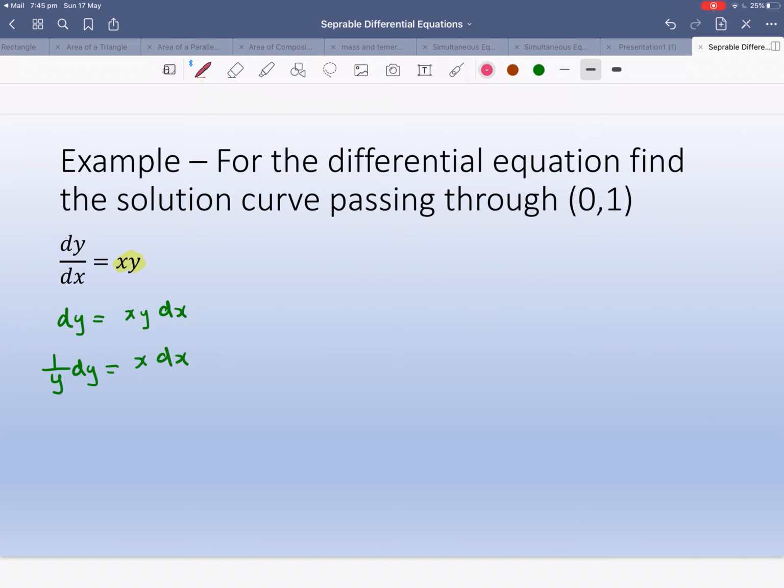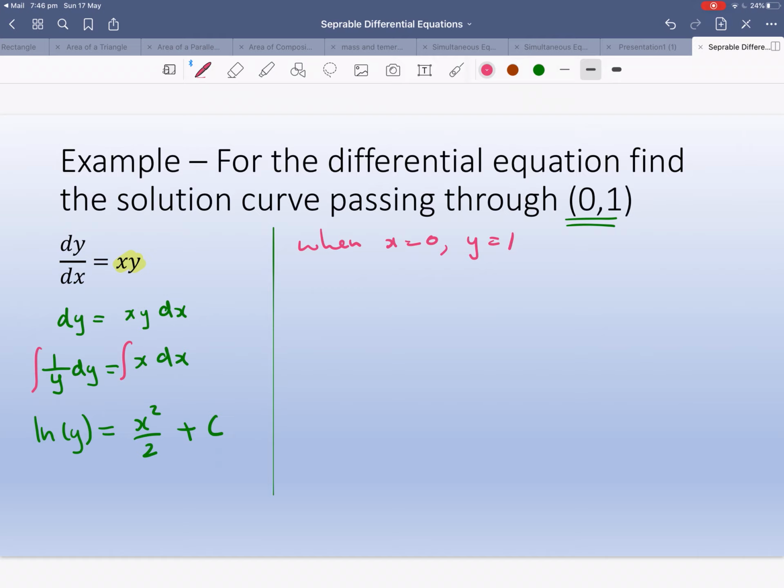Now I'm going to integrate both these sides. The integral of the left hand side looks like just log of y, and this one looks like x squared on 2 plus c. But we actually have a little bit more information here that we can use to get rid of the c. It says this curve passes through the point 0, 1. So when x equals 0, y equals 1.